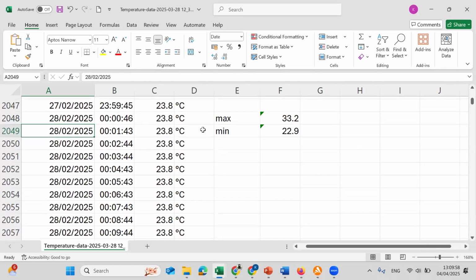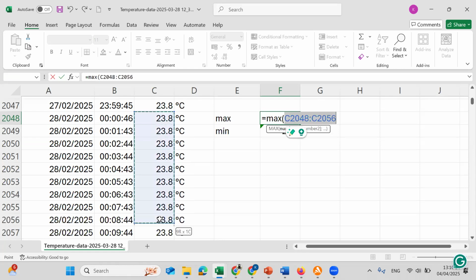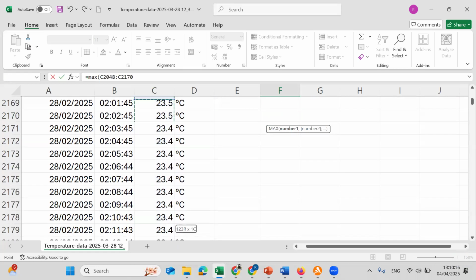For the maximum, we should type the formula: maximum of this 28 February until the last cell of 28 February.